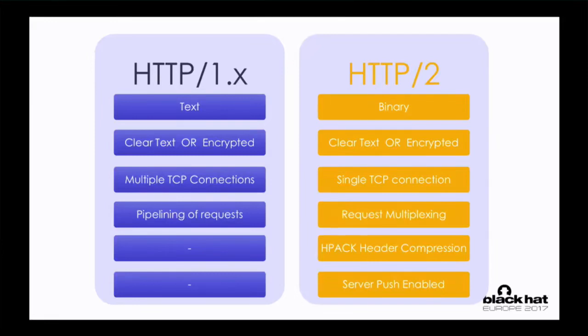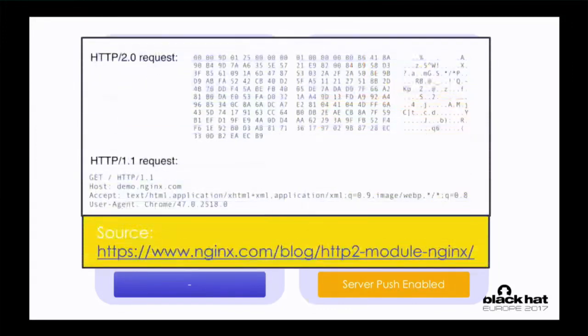As for concurrency, the first version of the protocol uses multiple TCP connections and request pipelining that was introduced in HTTP 1.1. Whereas HTTP 2 uses a single TCP connection and does request multiplexing. And last but not least, we have two new mechanisms that were introduced to the protocol: the HPACK header compression and the server push concept. And that's a neat image I saw from the Nginx documentation, where you have the first request in HTTP 1 and the binary representation of an HTTP 2 request.